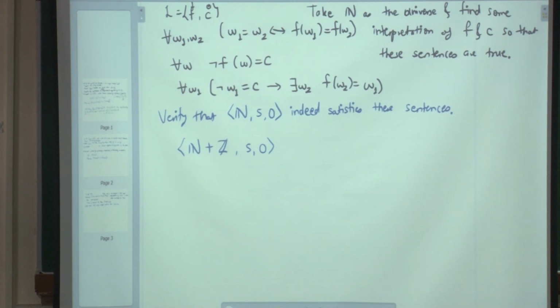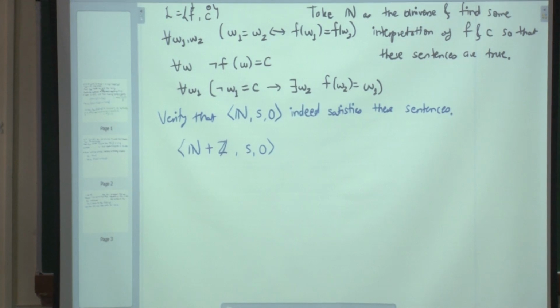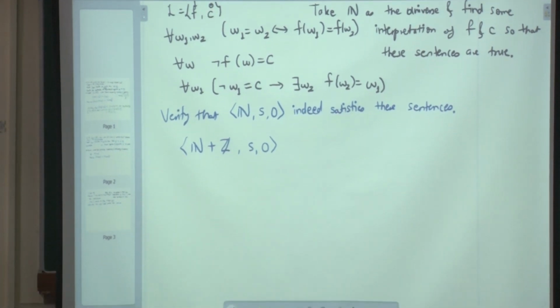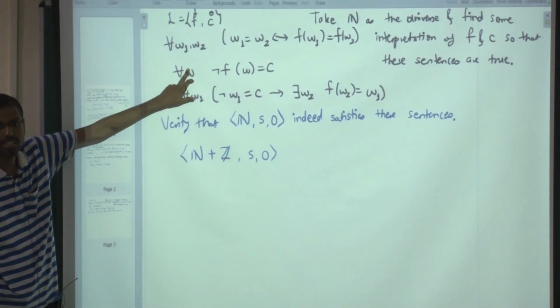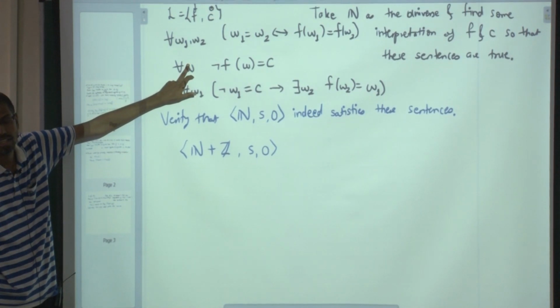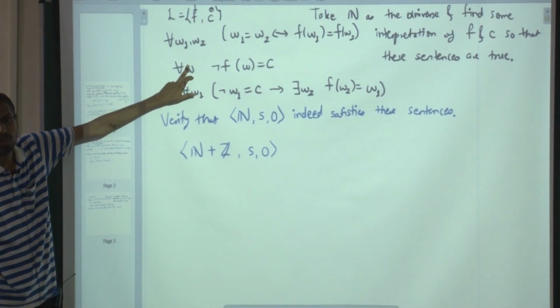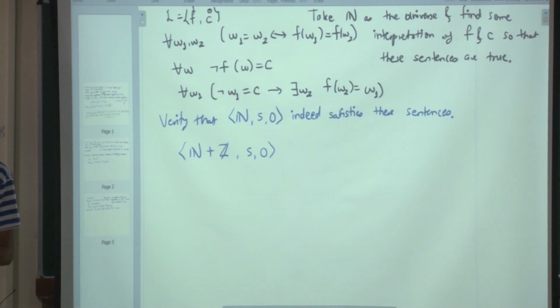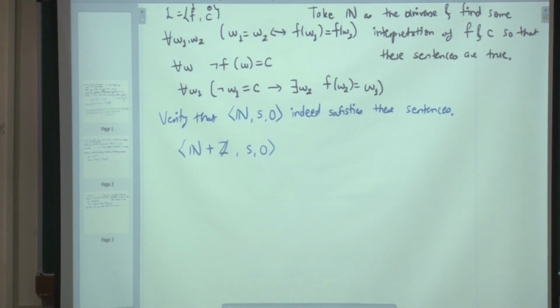Sir, can we take real numbers and take a function which maps 0 to 0 and every element is multiplicative? Yes, but then it won't satisfy this condition. C also is 0, but C has a pre-image now. You defined it. You can think of something else, of course.